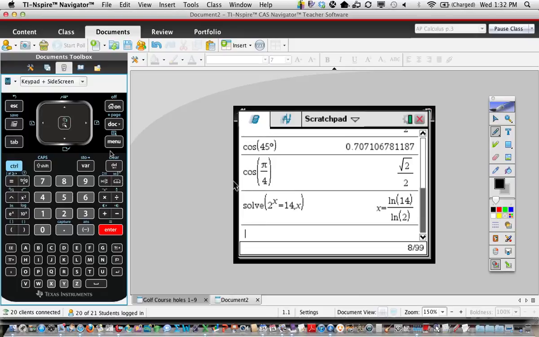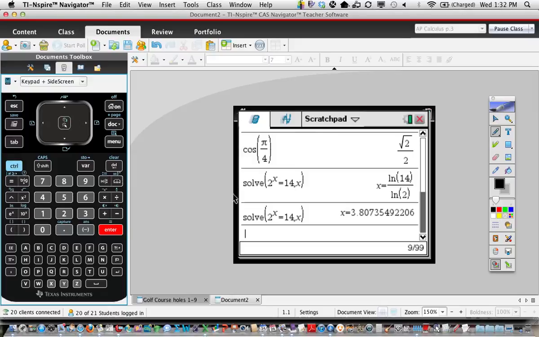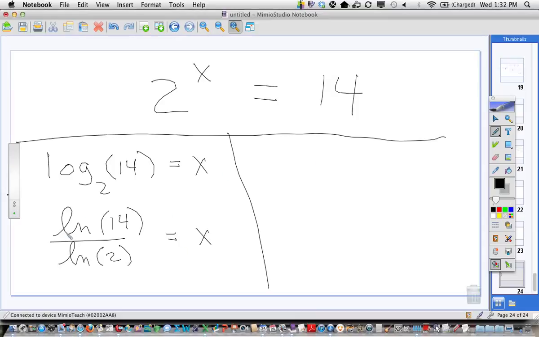Now, if I'd rather have a decimal, then we talked about this earlier, I can hit control enter, and it'll give me the decimal. But back to our homework, you would just stop right there. Just stop right there. So there's no need for a calculator for any of that.